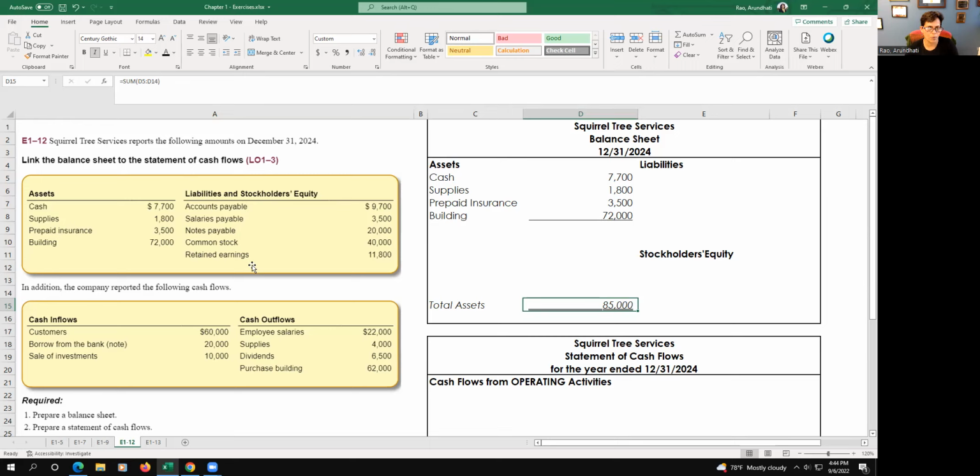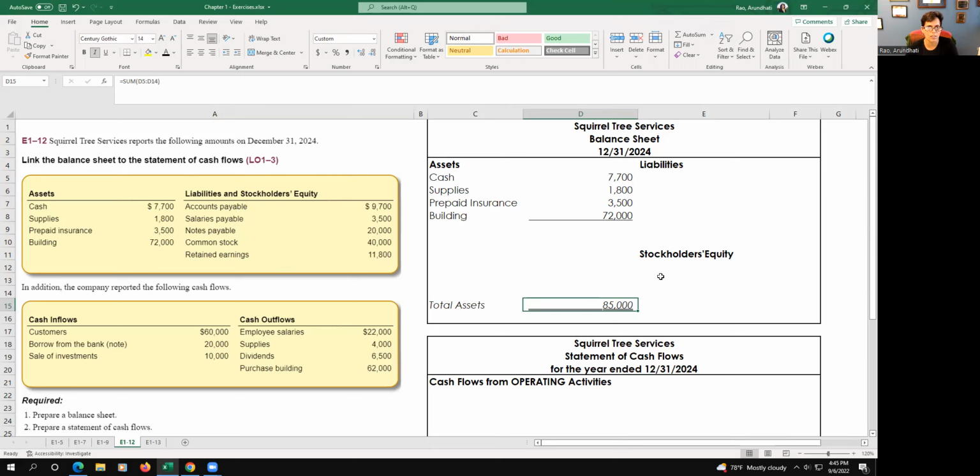Liabilities. Now let's see what we have over here. Liabilities and owner's equity. Accounts payable, salaries payable, notes payable. The key over here is whenever you see the words payable, they're all liabilities. Let's look at these other two accounts, common stock and retained earnings. Now, if you recall from the previous exercises, these two belong to owner's equity.